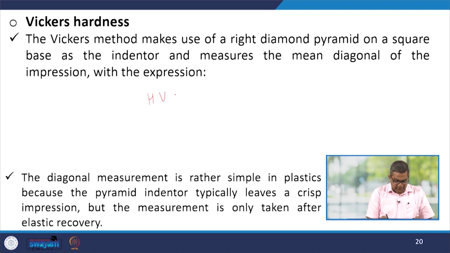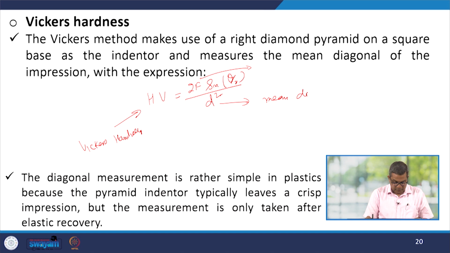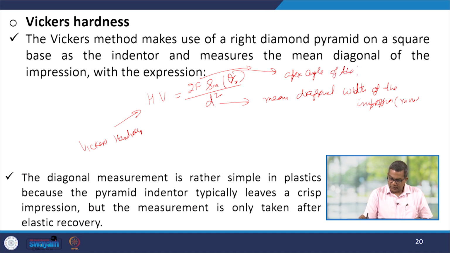Now, here the expression is HV is equal to 2F sin theta by 2 over d square, where HV is the Vickers hardness, F is the applied load in kilogram, d is the mean diagonal width of the impression in mm, and theta is the apex angle of the pyramid, let us say 136 degree.